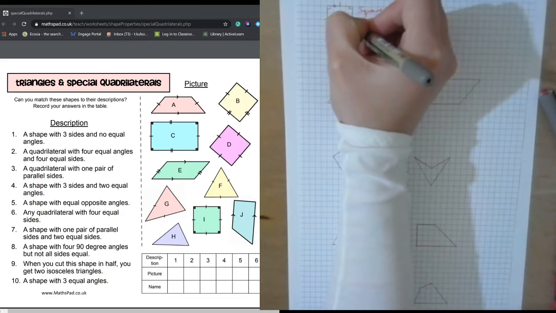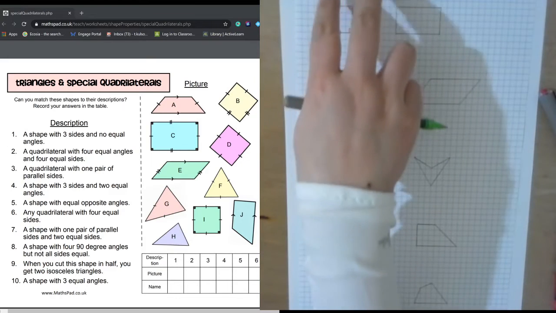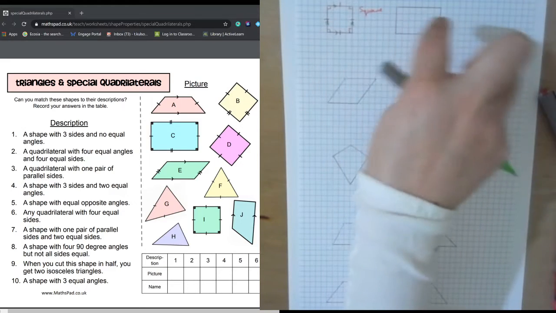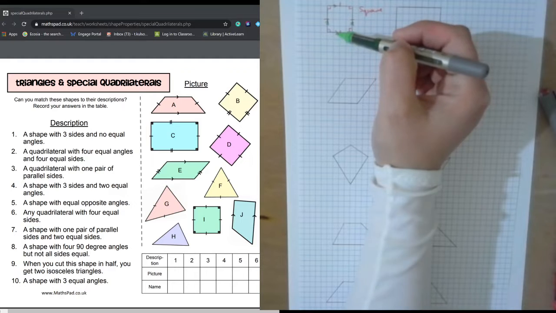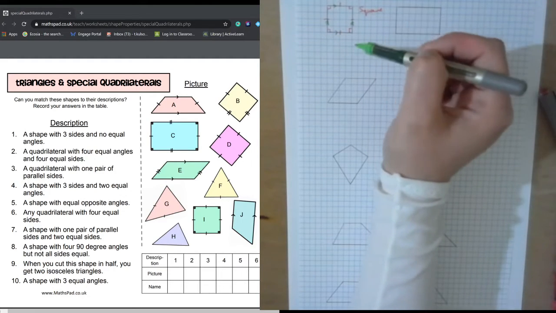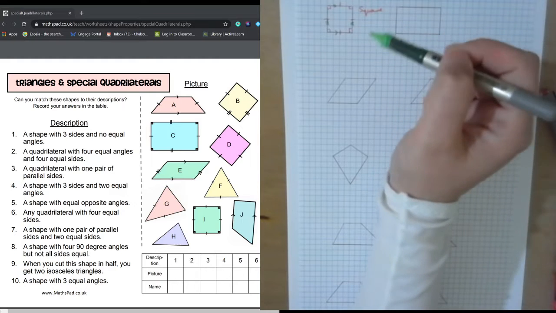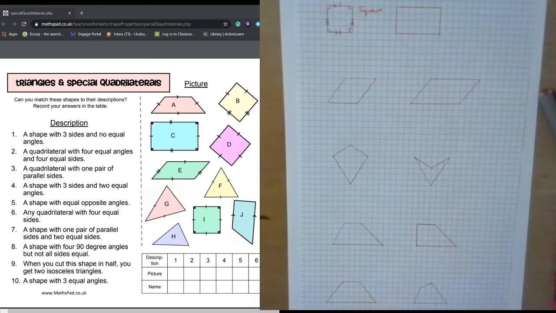For this one, I'm going to have 2 arrows because these 2 are parallel to each other. However, they are not parallel to the one that only has 1 arrow. Depending on how many sets of parallel lines there are, the first one I would put 1 arrow, the second one 2 arrows, the third one 3 arrows, and so on. So I've got 2 sets of parallel lines currently showing.